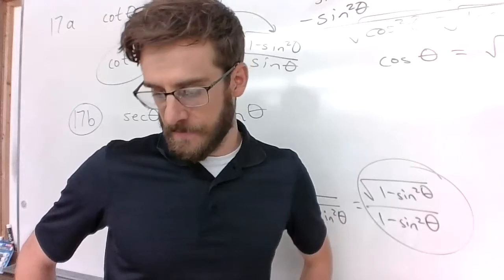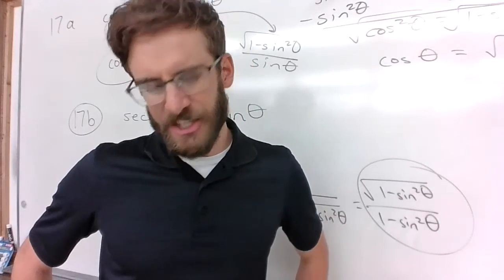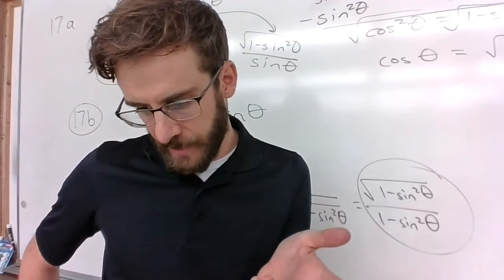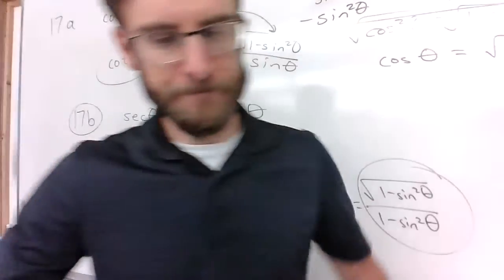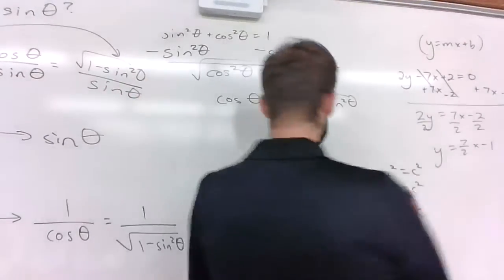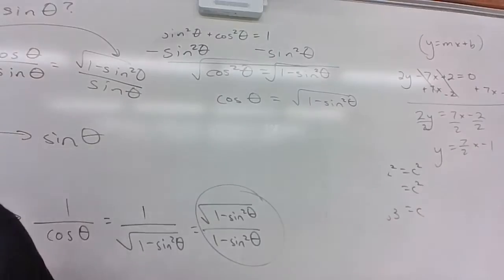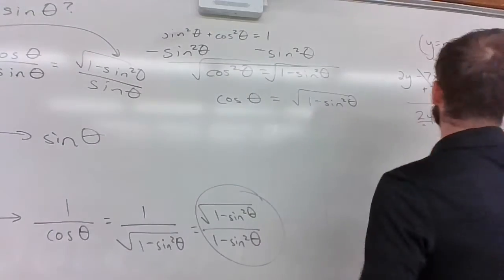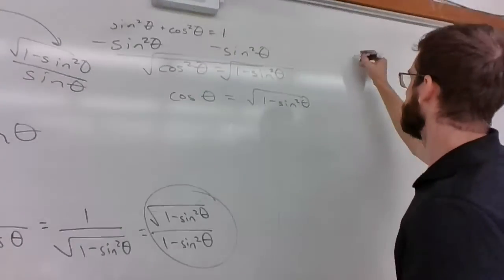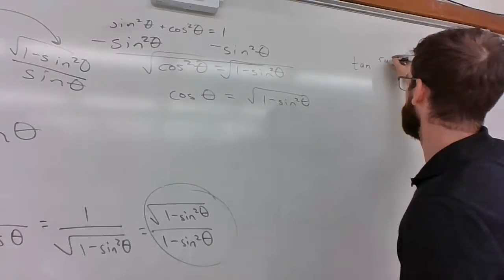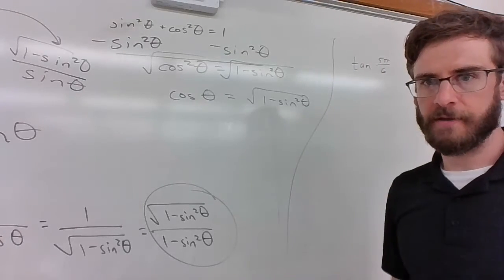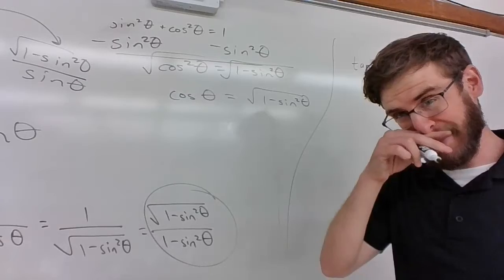Okay. The last section, I just want to leave to you guys. I'll give you one example, and that'll be number 29. So look at 29. They're saying find the tangent of 5 pi over 6. All right, I need to find an eraser. You see that? Tangent of 5 pi over 6. Now, you need to be able to do this without a calculator. A calculator could give you decimal answers all day long.